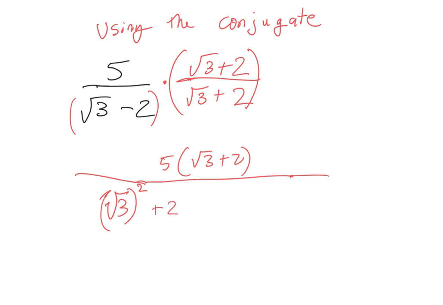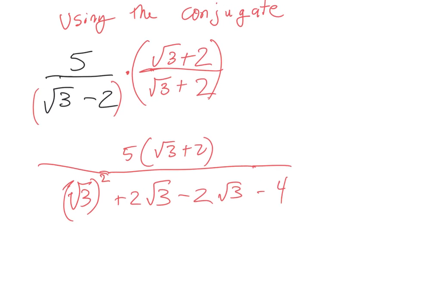Outsides plus 2 root 3. Insides minus 2 root 3. Lasts minus 4. In the numerator, I'll have 5 root 3 plus 10. Actually, I am going to leave it because you never know. Maybe I'll be able to reduce something.